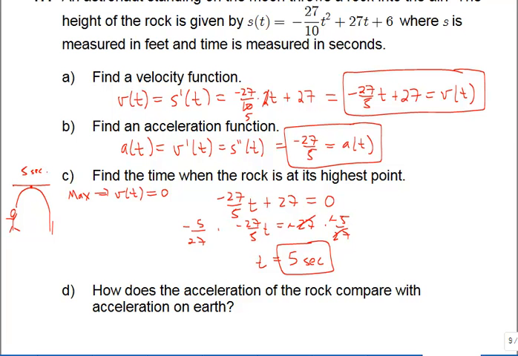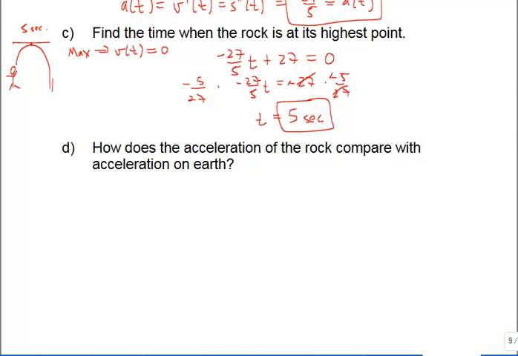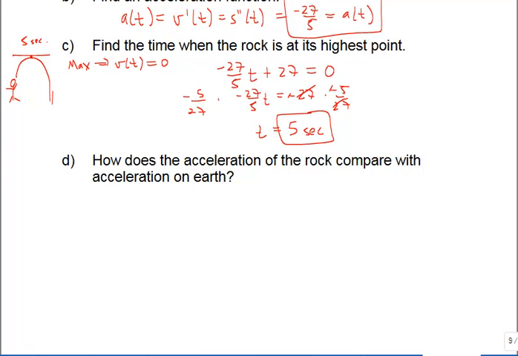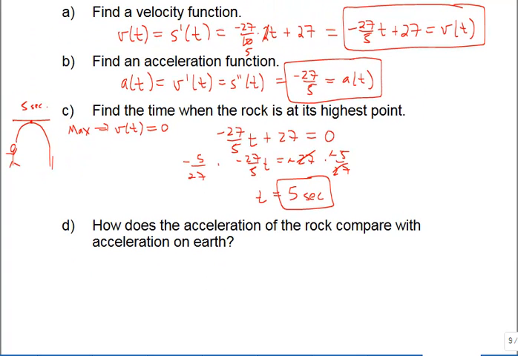Okay, and then the last question here is how does the acceleration of the rock compare with acceleration on Earth? Well, we know that on Earth, acceleration due to gravity is just that g. So the acceleration function on Earth is just g.